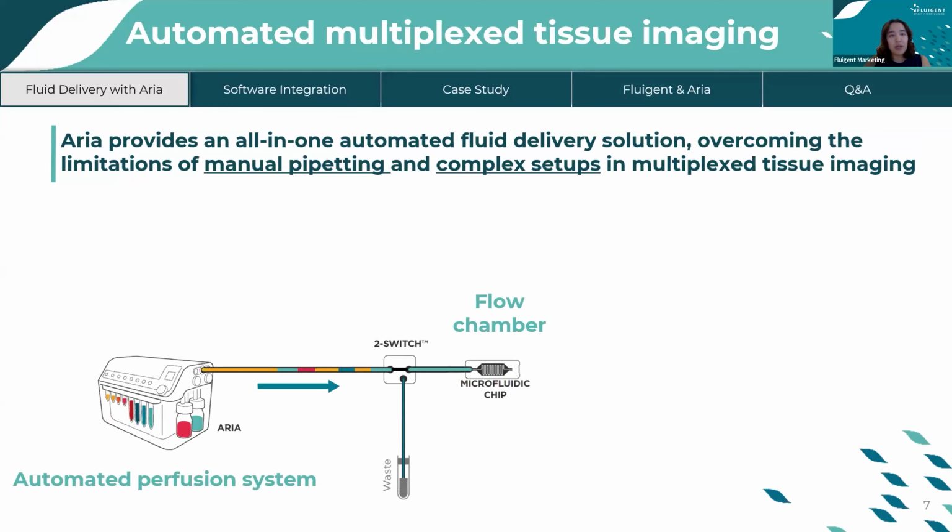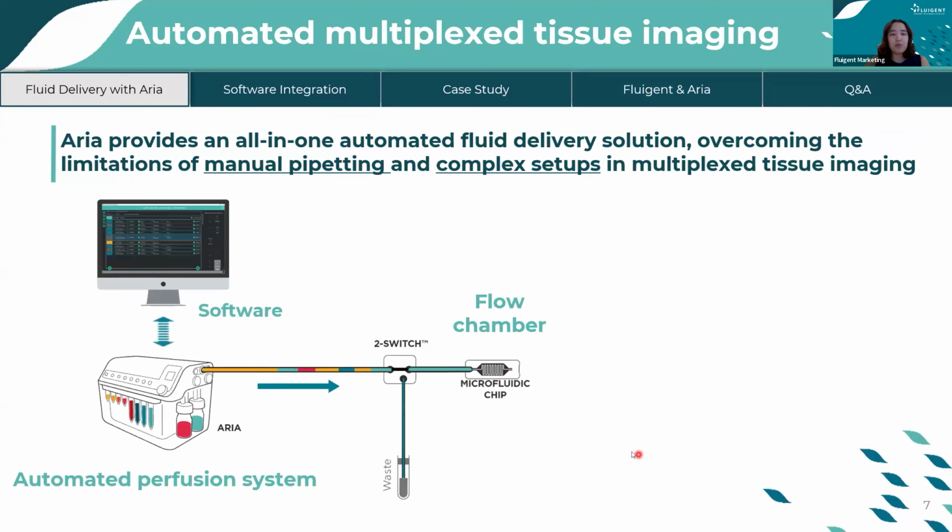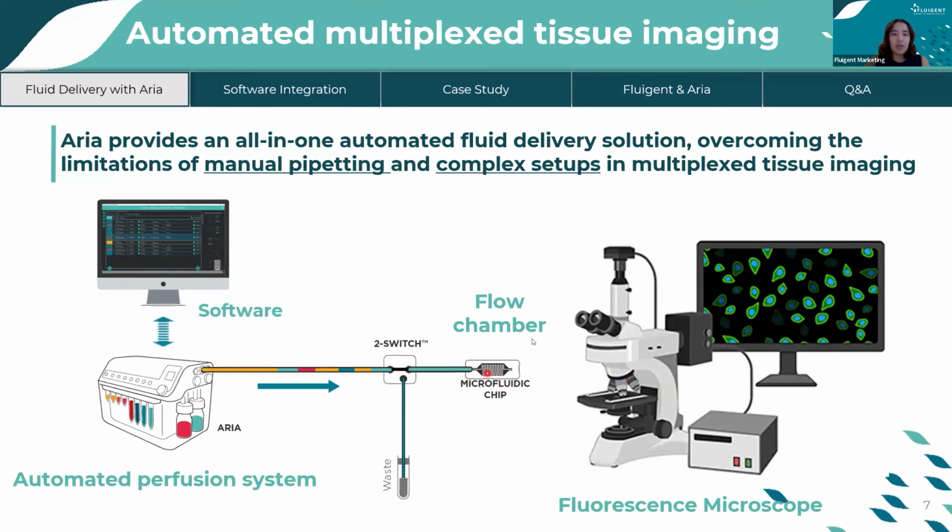Aria integrates both hardware and software, allowing users to connect directly to the imaging chips and automate the multiplex tissue staining. Beyond that, it can be configured and communicated with the microscope, enabling workflow synchronization that is essential for live process samples, freshly conjugated markers, and multiplexed protocols, which we'll talk about in detail later.